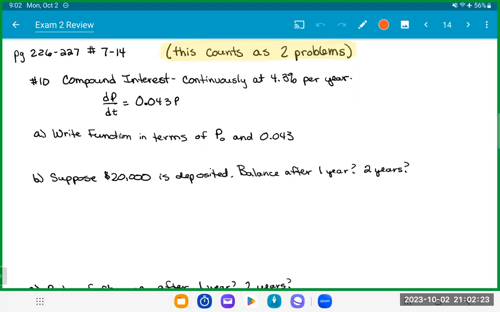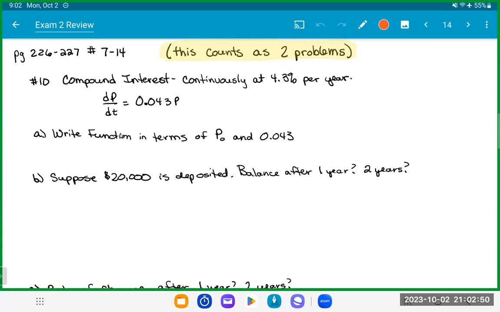Okay, so here's the first problem where it's worth two problems. Okay, and so this is looking at a problem on page 226. This is out of section 2.4. And this one is an application.